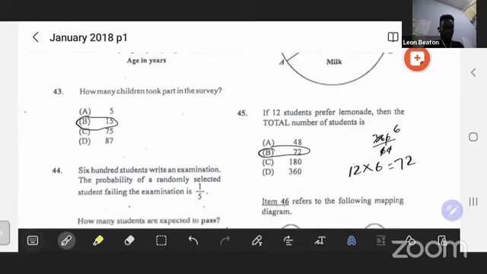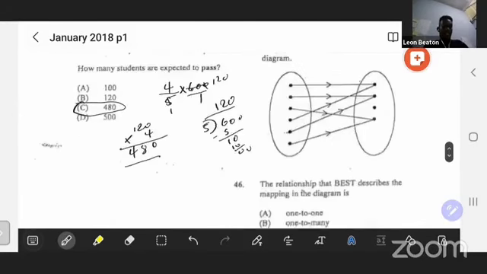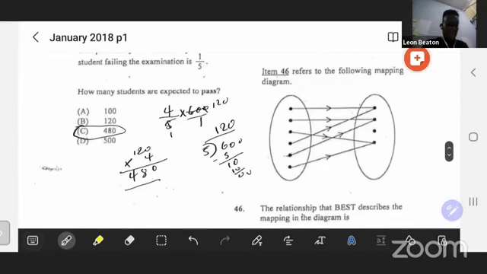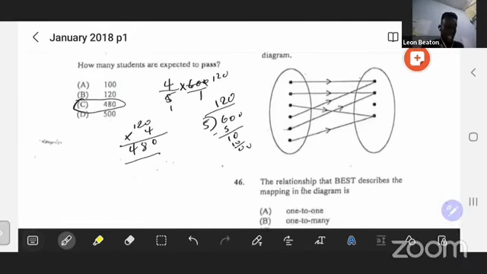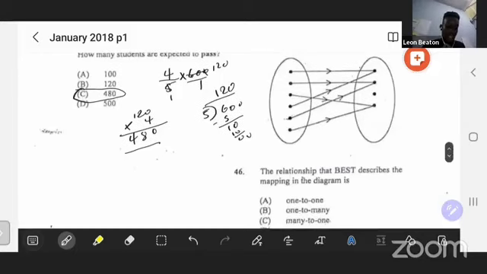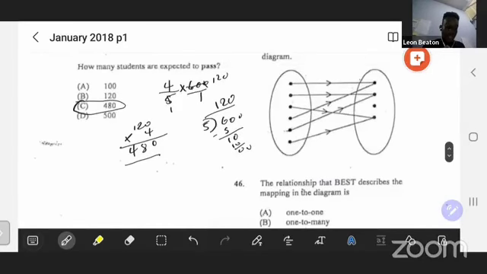All right, that was pretty straightforward. Item 46 refers to the following mapping diagram. The relationship that best describes the mapping in the diagram is: we have one going here, one going here, and we have two going to one.